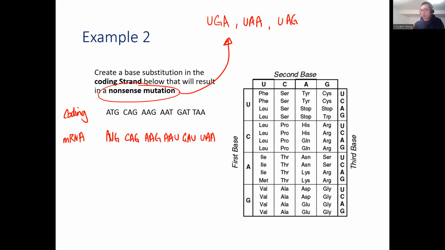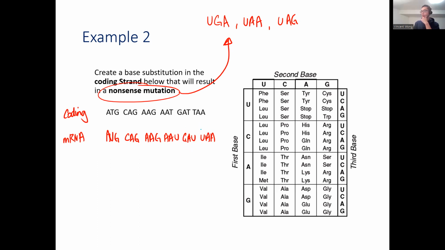Does any one of you have an answer for me? Where should I make the change so that I end up having one of these stop codons? For the GAT near the end, you can turn it to, oh wait, no, never mind.